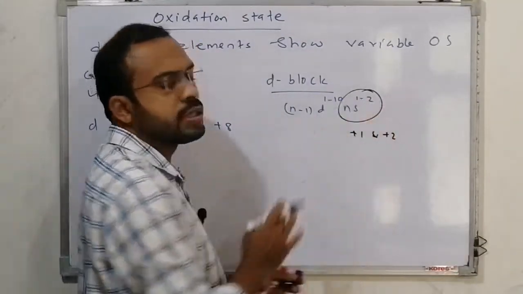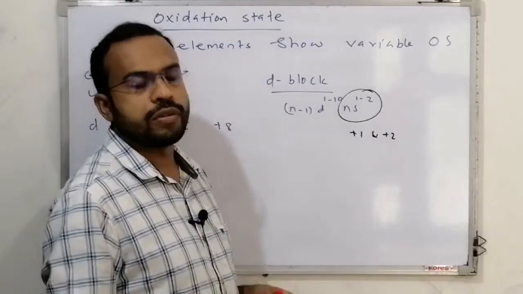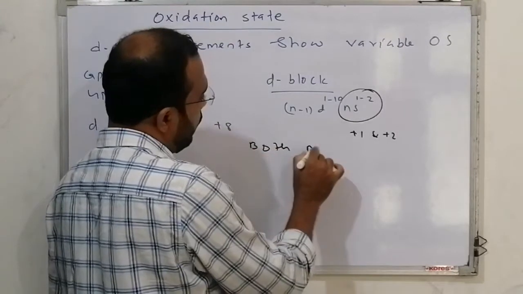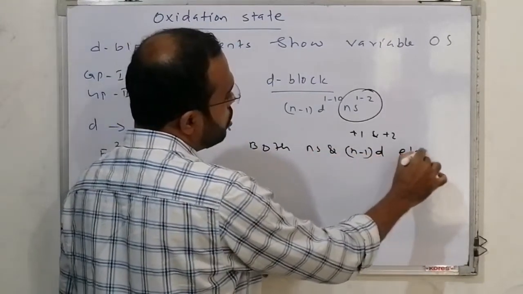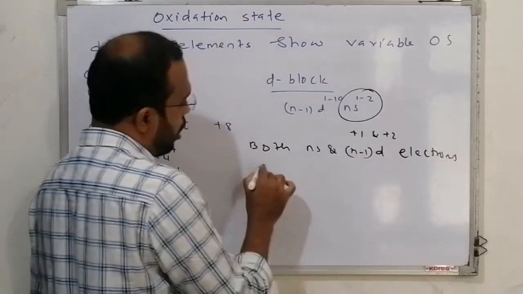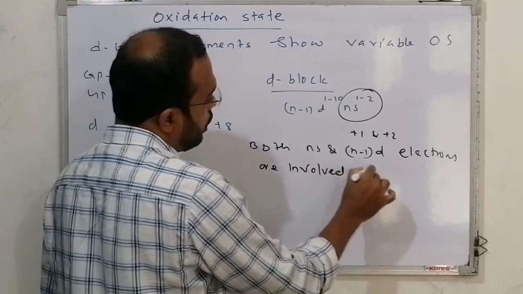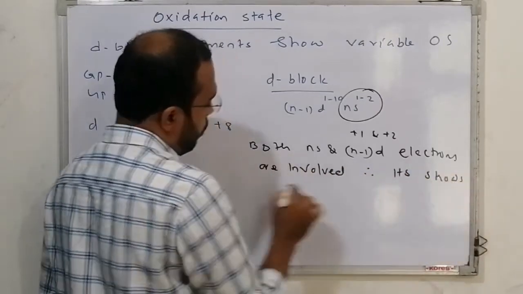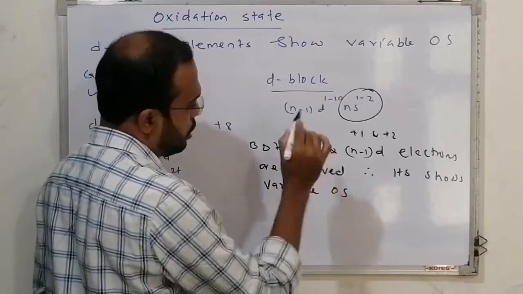But not only the ns, both the ns and (n-1)d electrons are involved. Therefore, it shows variable oxidation state.